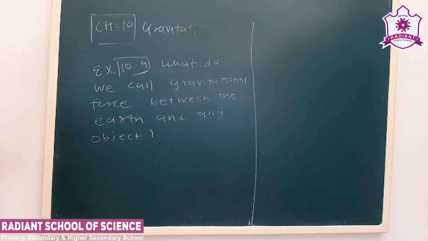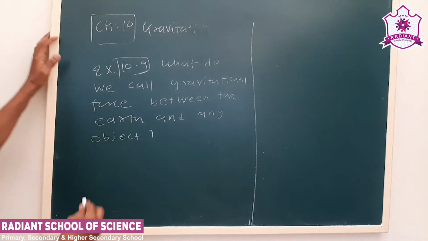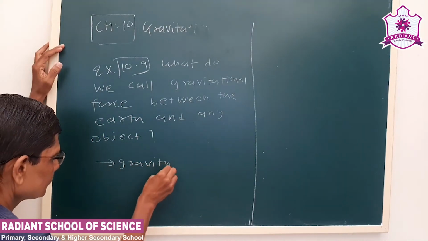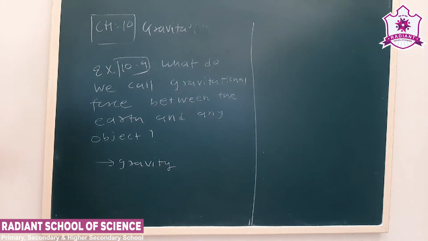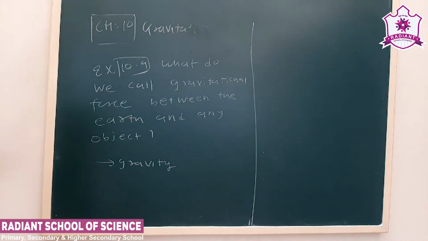Okay, what do we call gravitational force between the earth and the object? See, that we call as gravity. Okay, see, due to the gravitational force acting between them, because the earth attracts any object because of the gravitational force, it is commonly known as gravity.